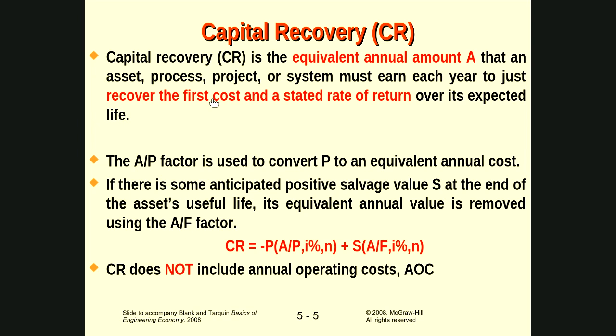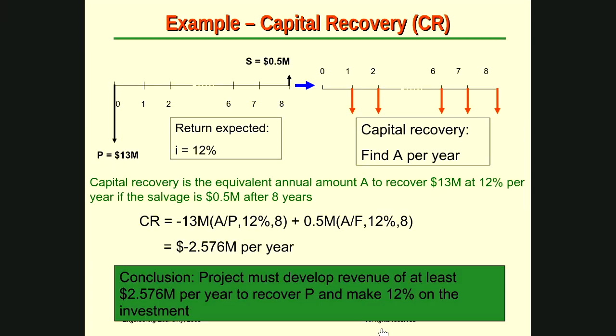Okay, so let's take an example and see after the example if there are still any questions. The example says capital recovery is the equivalent annual amount A to recover 13 million.